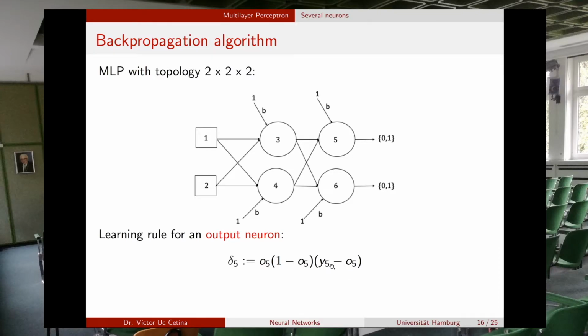Now this is very obvious, this is what I explained before. This is what you want neuron 5 to output, the target value, and this is what the current network is outputting in neuron 5. So this is very intuitive.